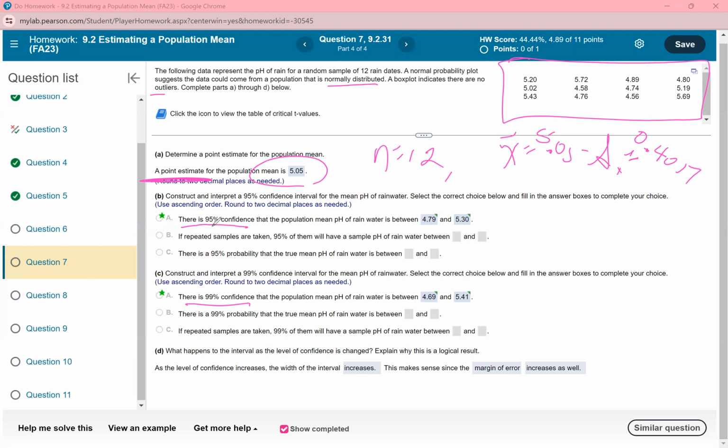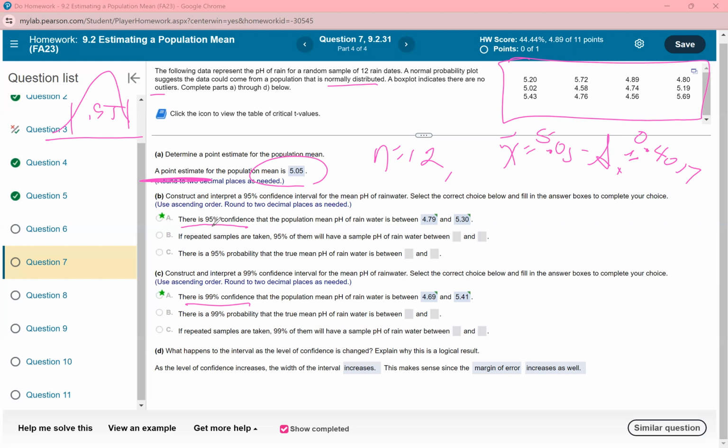The first one is a 95% confidence interval, the second one is a 99%. For the 95% confidence interval, we have 0.95 in the middle, so we do inverse t at 0.05 divided by 2, degrees of freedom N minus 1, so 11 degrees of freedom.